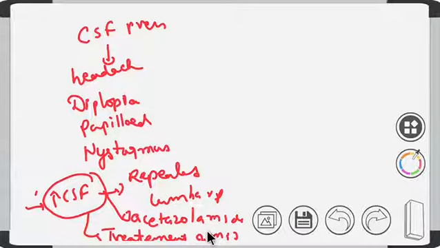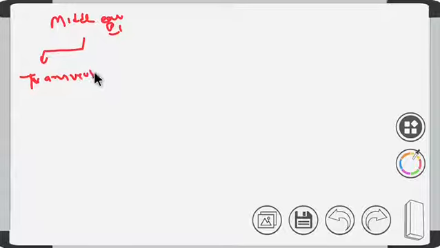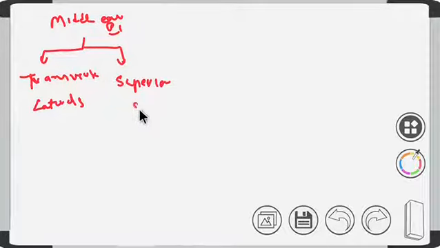So let's revise it once again. Initially there will be middle ear infection, right? This middle ear infection causes inflammation of the transverse sinus or lateral sinus, or if the infection is severe, then it can lead to the superior sagittal sinus.